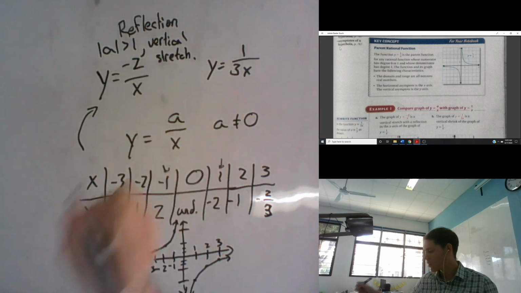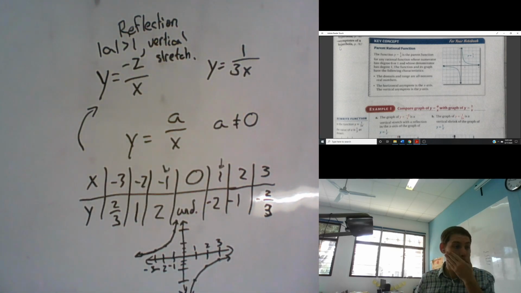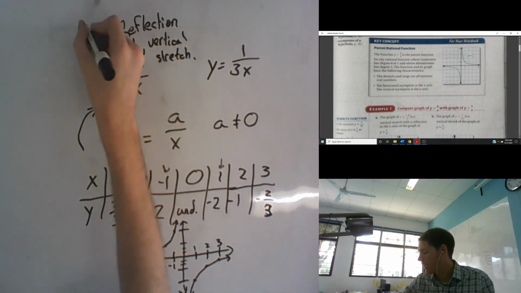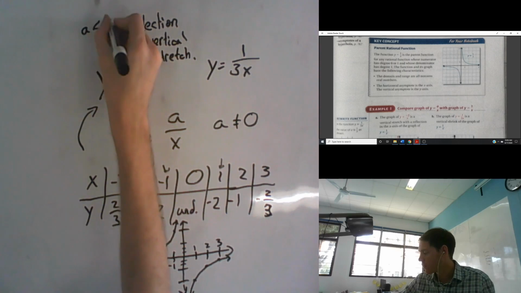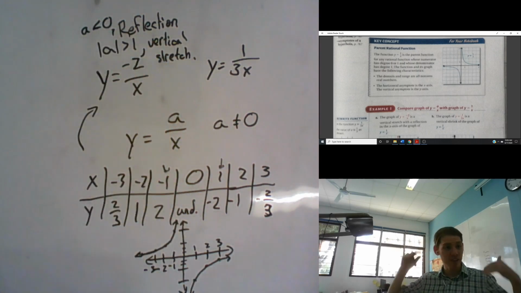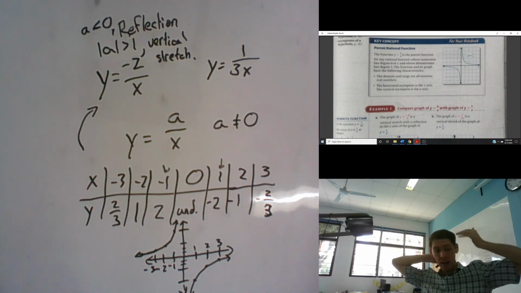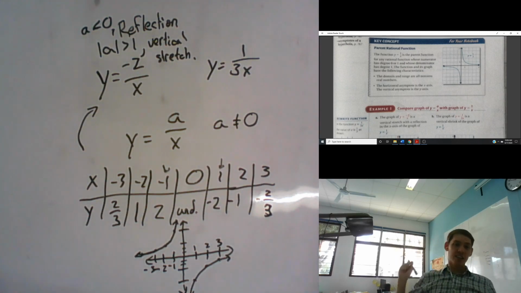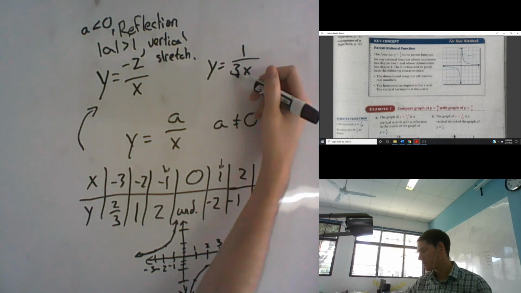Okay? So it's a reflection because there's a negative. A is less than 0. It's a reflection. And because the absolute value of a is greater than 1, we have a vertical stretch. Okay? So, what is our a here?